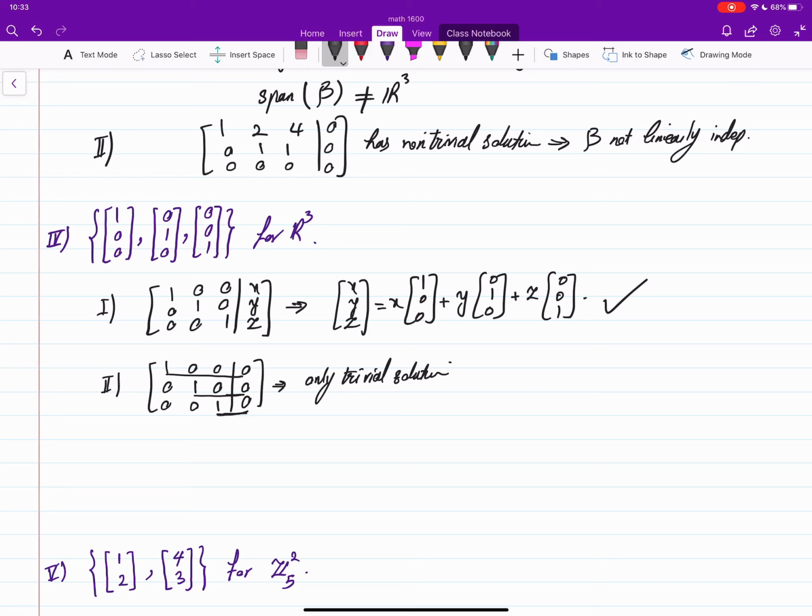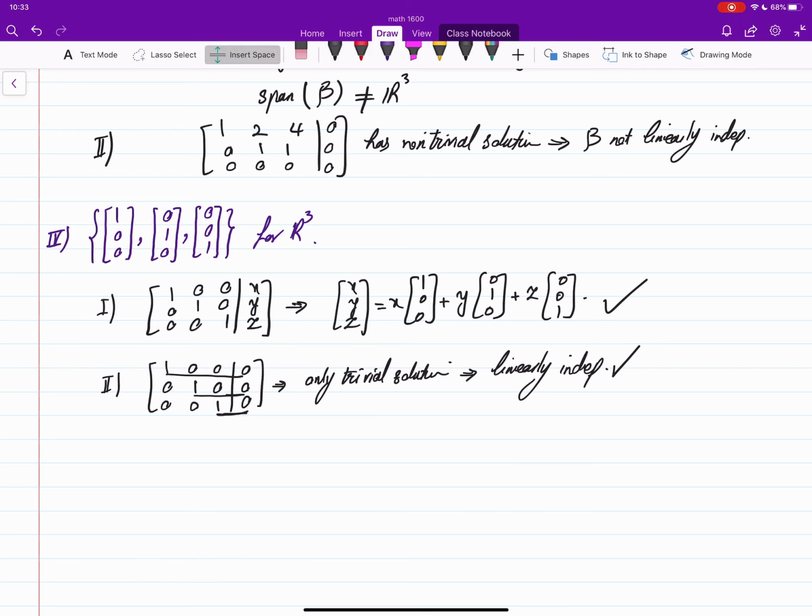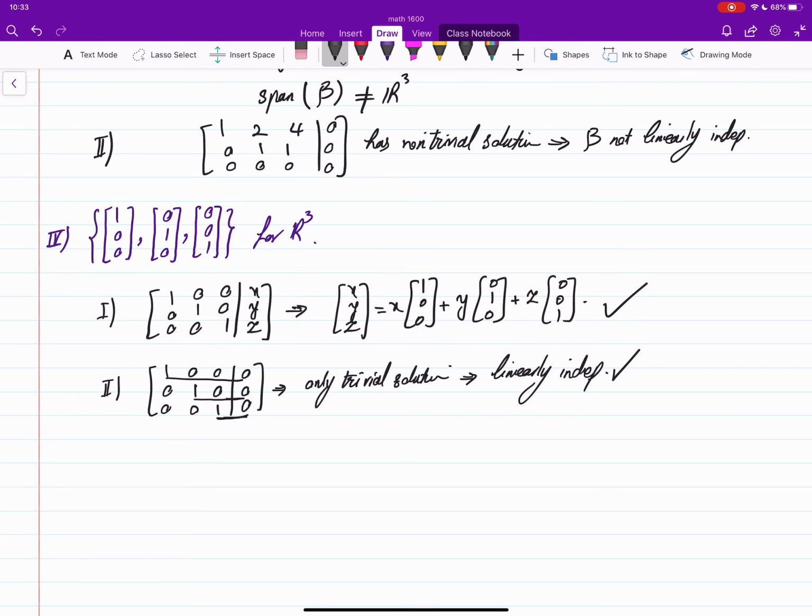So only the trivial solution. That means that these are linearly independent. Well, that means that yes, this set of vectors is a basis, and actually this is true in general.